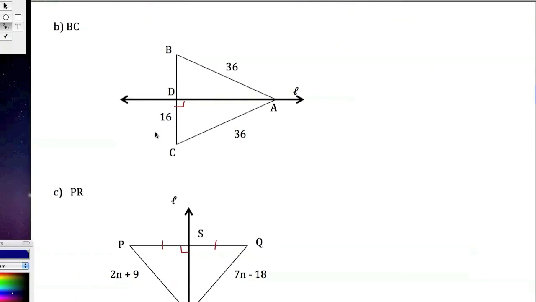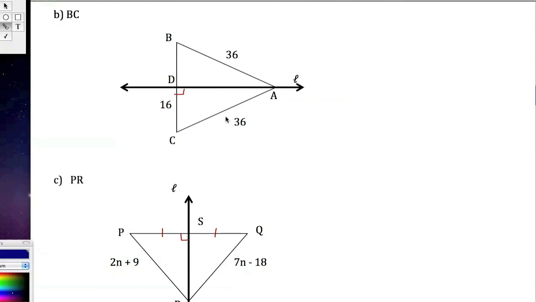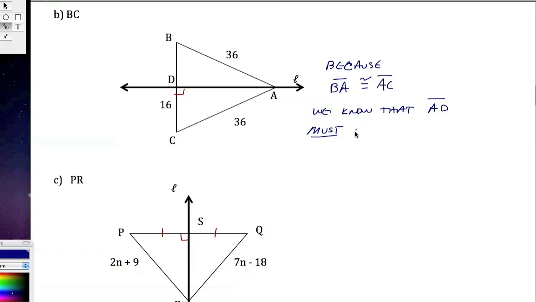Let's find BC. What do we know from this? We know that BA is congruent to AC. And because of that, because BA is congruent to AC, we know that AD must be a perpendicular bisector. Therefore, two things happen.